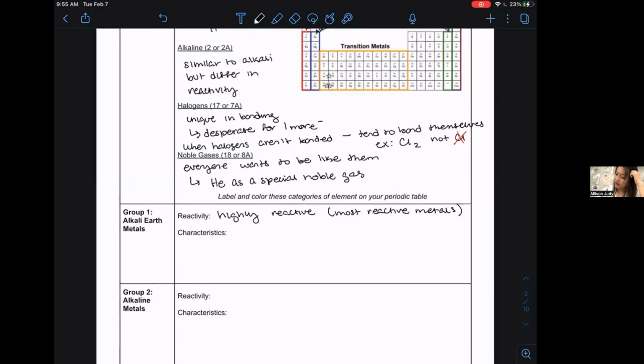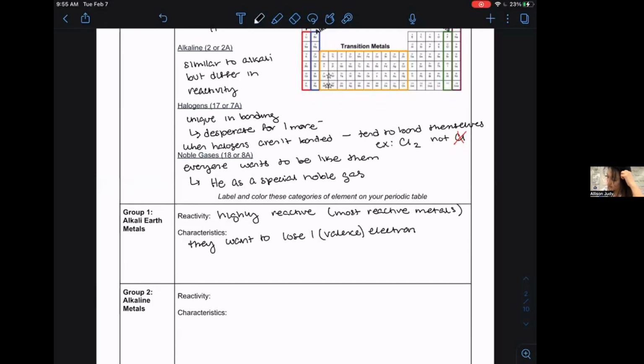Here's why. They want to lose one valence electron. You don't know what that word means yet, but it'll matter in a second. I'll put valence in parentheses because right now that doesn't make any sense to you.